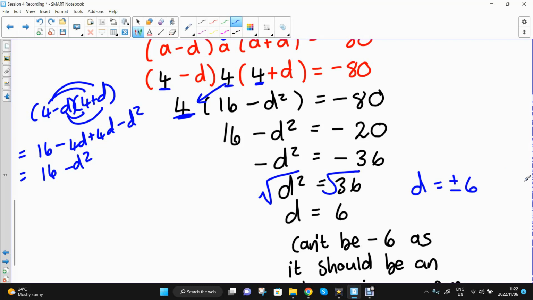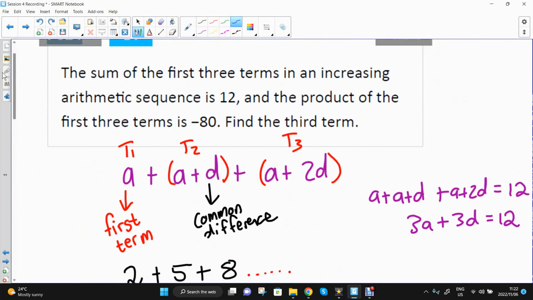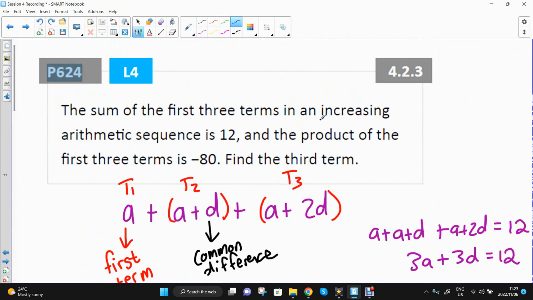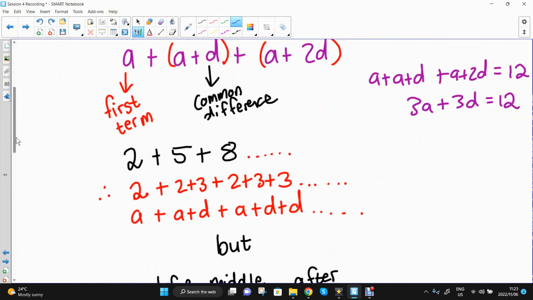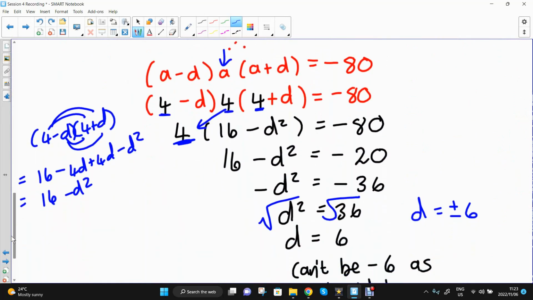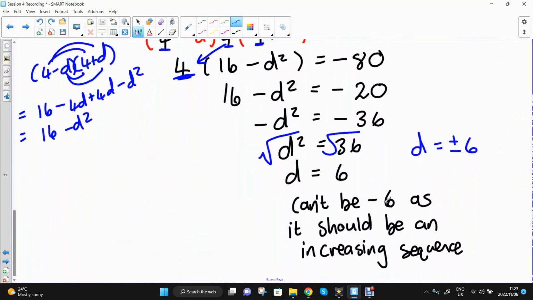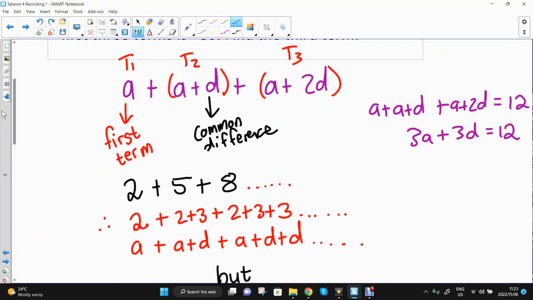But in our scenario, in this question, my constant difference will be a positive, because if you go back to the question, it says there, this is an increasing arithmetic sequence. So we have to go up. And to go up, we need to add. We can't subtract a number. So your constant difference is 6. And then you've got your answer.